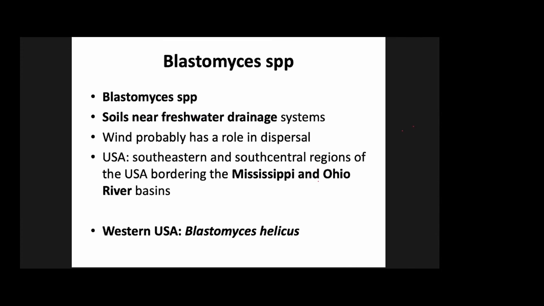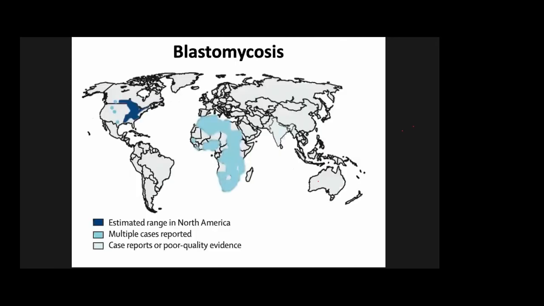This is usually seen in soils that are close to freshwater systems. In the US, we see it mainly in the Mississippi River and Ohio River areas. And now we have discovered a new species in the western side of the US called Blastomyces helicus.